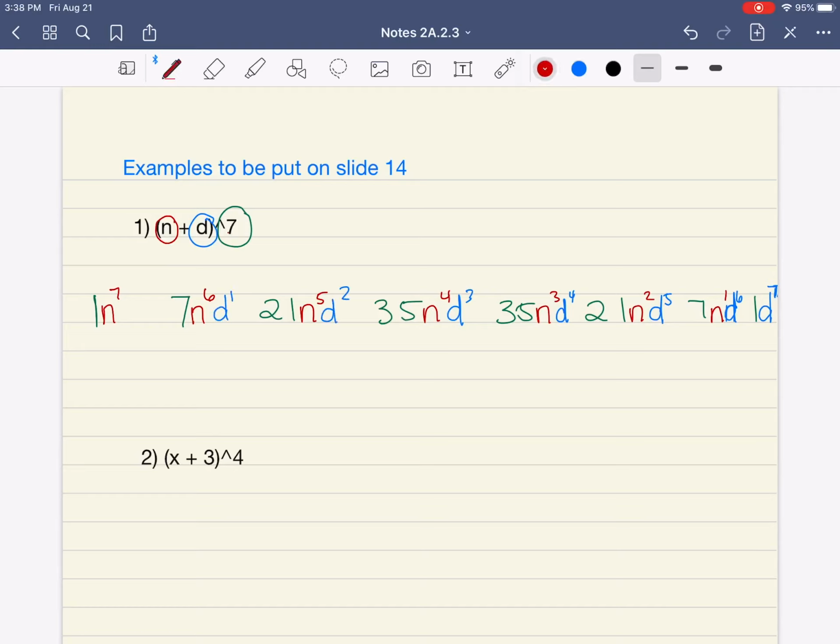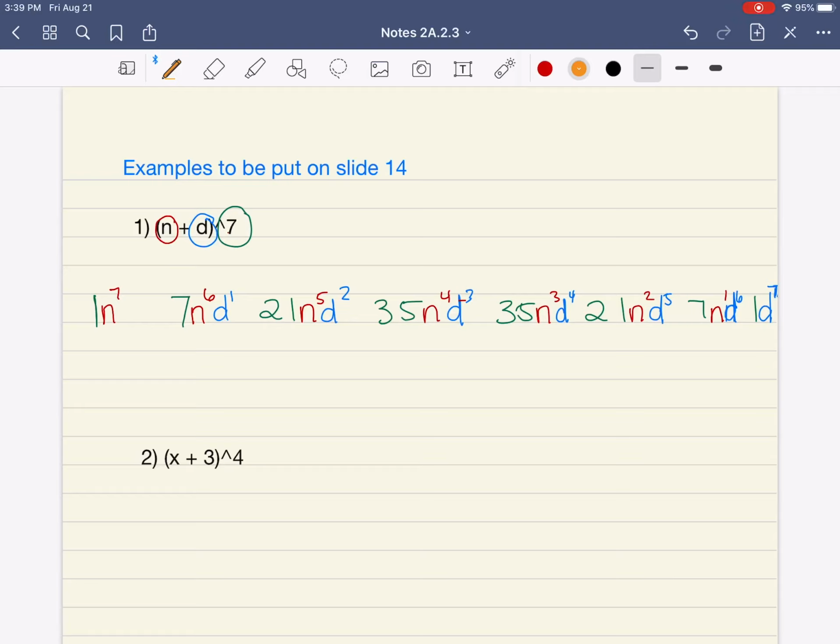So some things you should notice is that your exponents always add up to 7. 6 plus 1 is 7, 5 plus 2 is 7, 4 plus 3, 3 plus 4, 2 plus 5, 1 plus 6, and 7. Our simplifying is our last step, and to simplify, we're just going to go ahead and put plus signs between our terms.